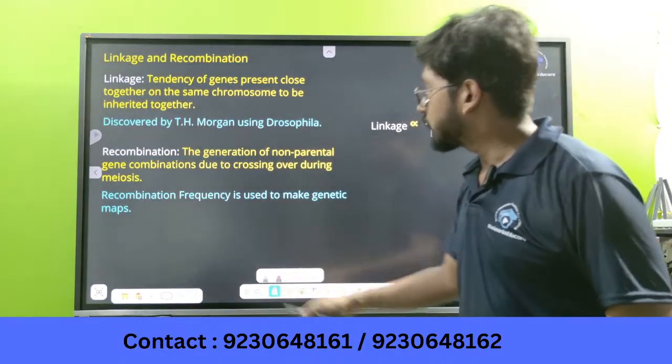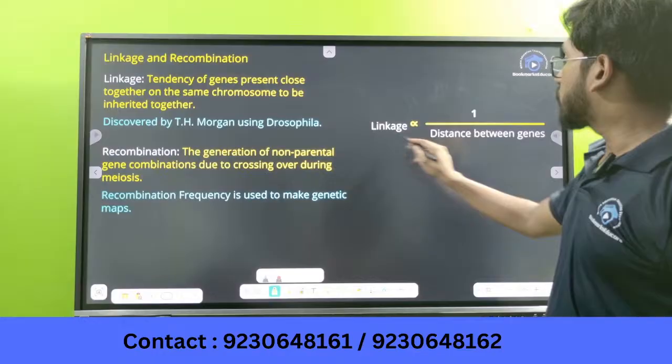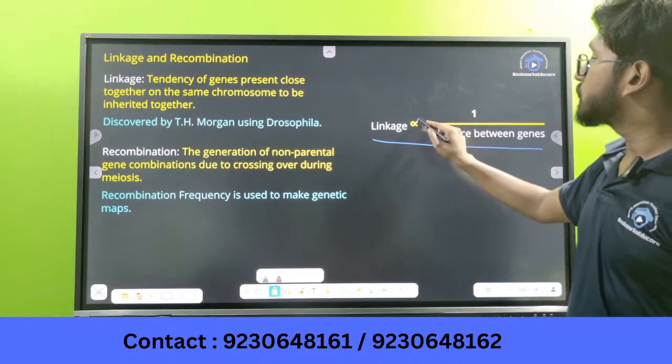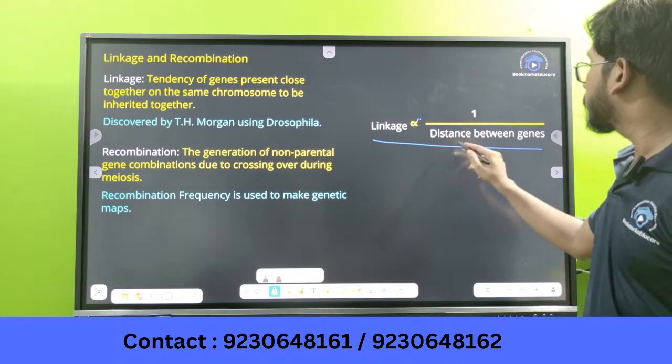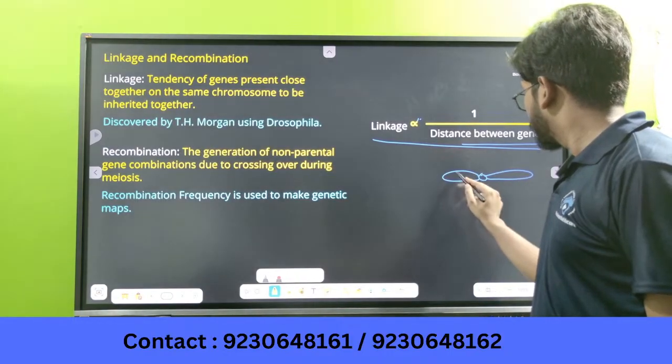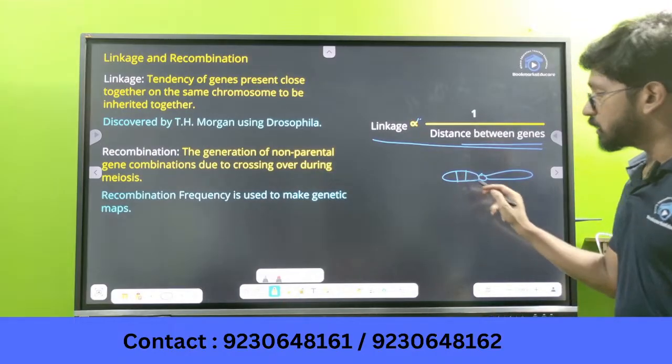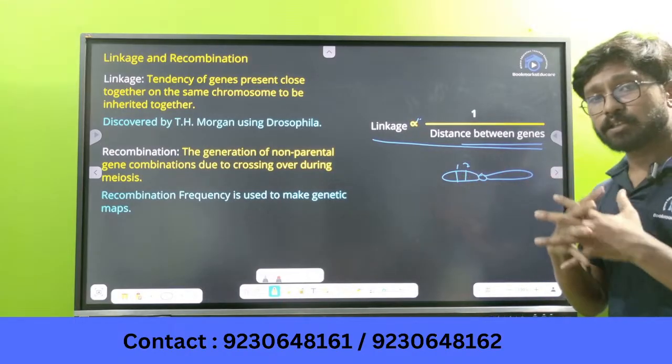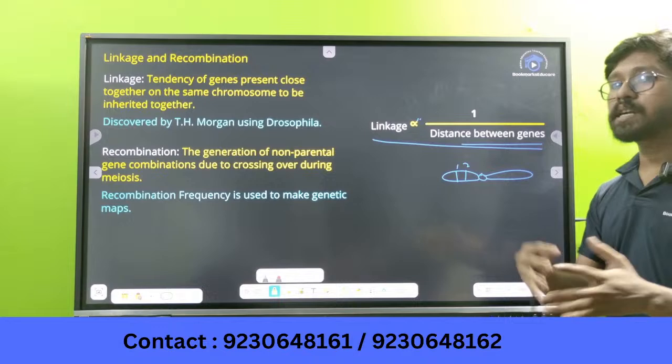So another interesting thing about linkage is we can calculate linkage. Linkage is inversely proportionate to the distance between genes. Why? ये दोनों जीन 1 and 2 जितने पास होंगे, it will be that much harder to separate them.